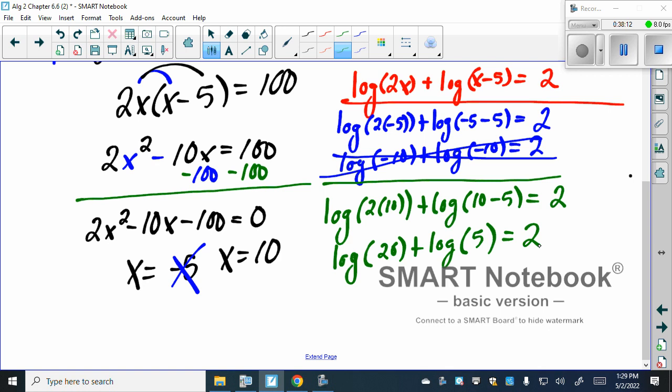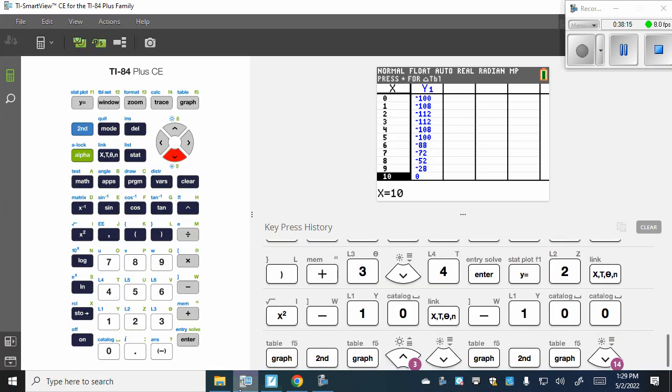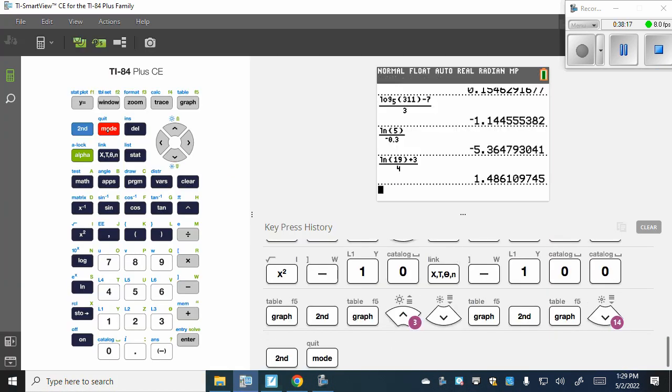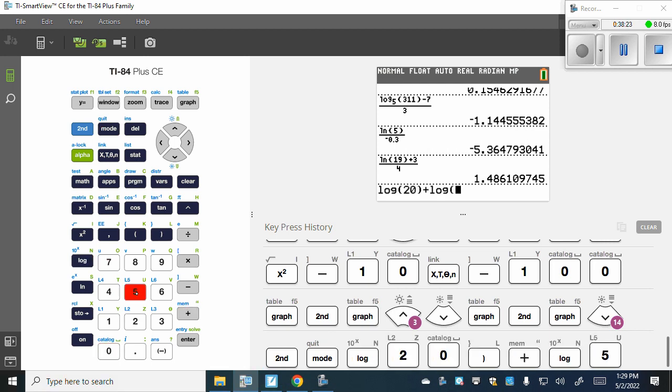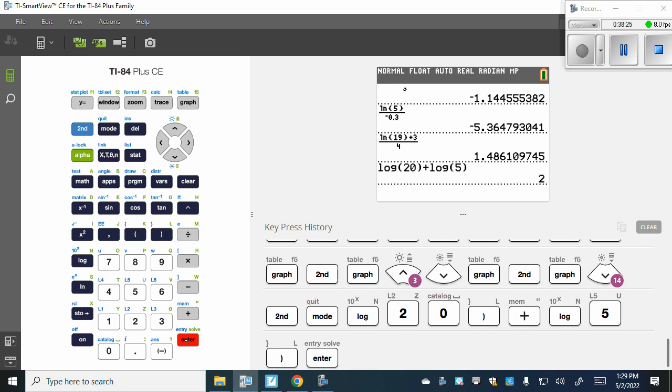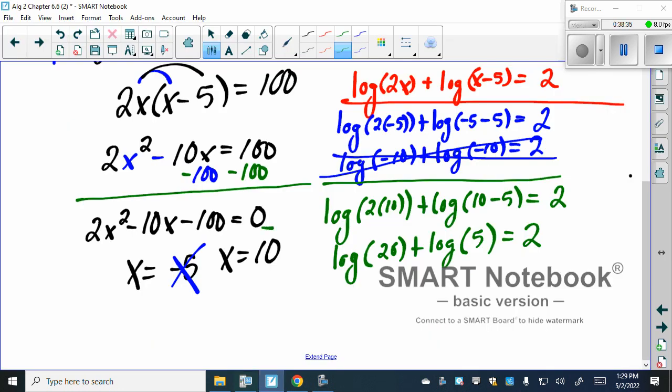If I wanted to, I could grab the calculator, quit, and say log of 20 plus log of 5 and hit enter, and indeed it tells me that it's 2. So the correct answer is x is equal to 10.